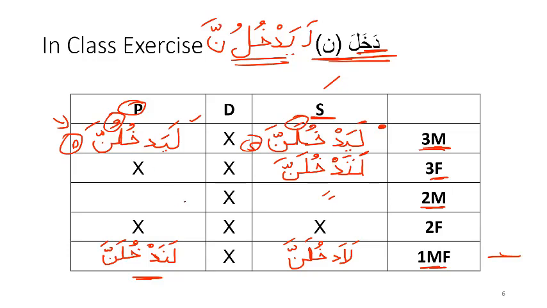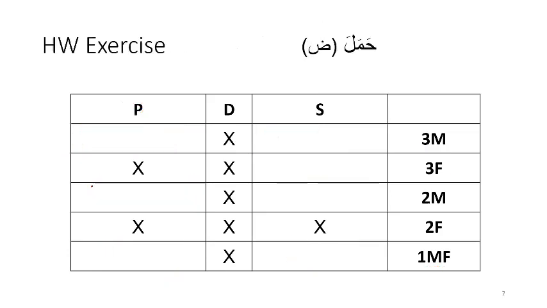Okay, and then for second person male plural, it would be la tadkhulunna. So all of you will most definitely enter. This dhamma tells you that this is plural. All right, so this hopefully has been understood.